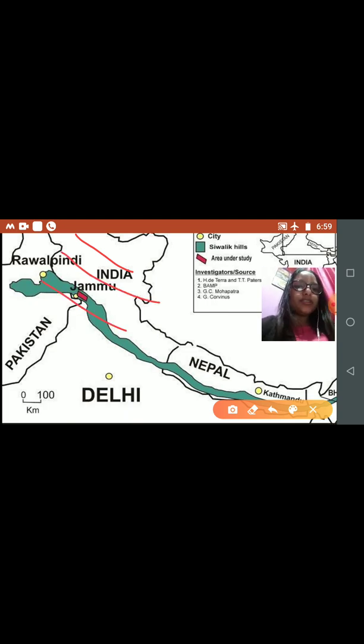This range extends northwestward for about 1,600 kilometers through Nepal, Uttar Pradesh. See, following this green line you can see Sikkim, Nepal, Uttar Pradesh, then it reaches Uttarakhand, then it goes up to Pakistan.